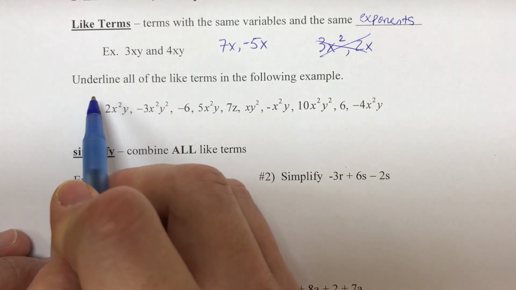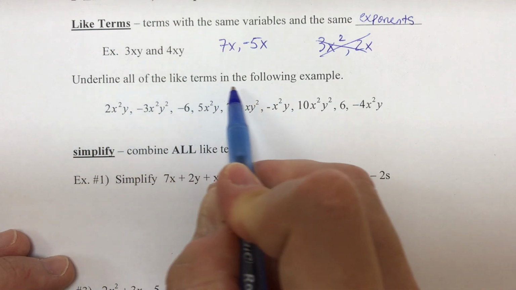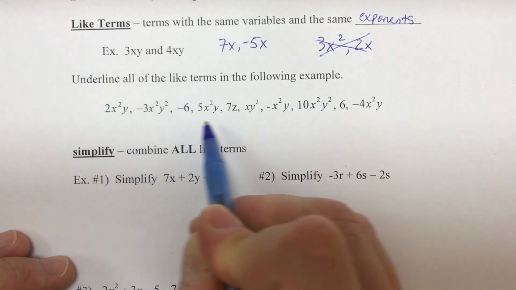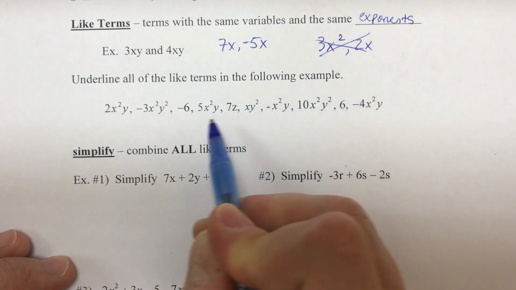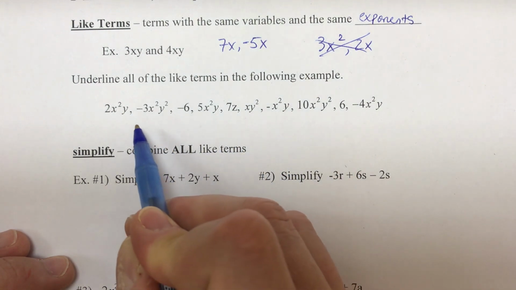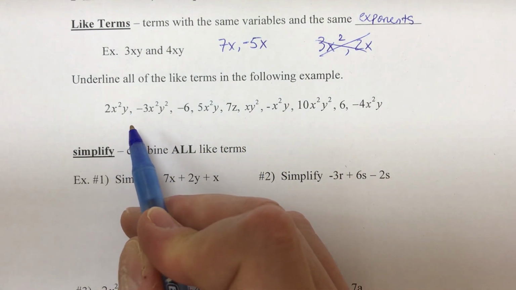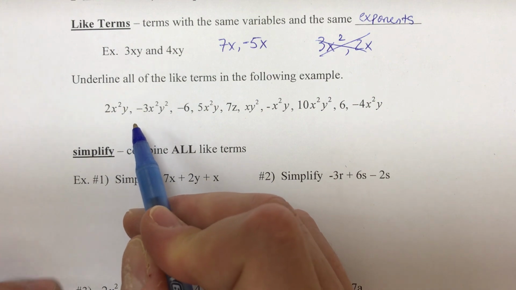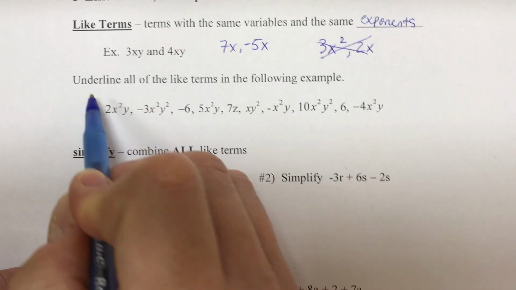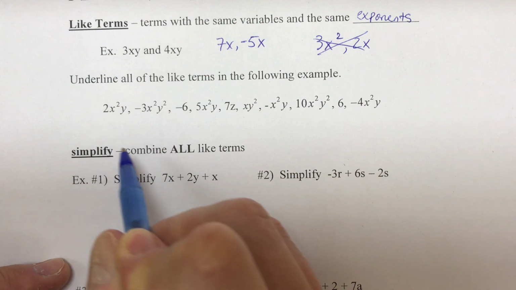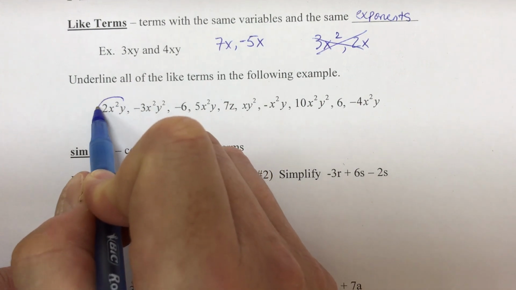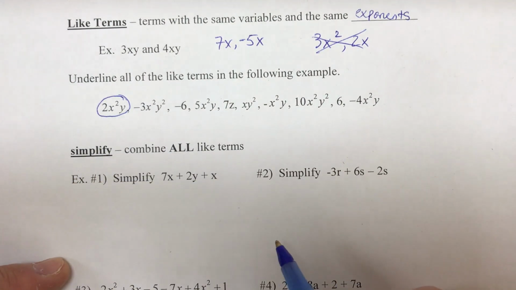As an example, let's underline all of the like terms in the following example. We have a line of terms here, and we want to figure out which ones are like. It says underline, but I'm actually going to circle some of these. I will start with 2x squared y.